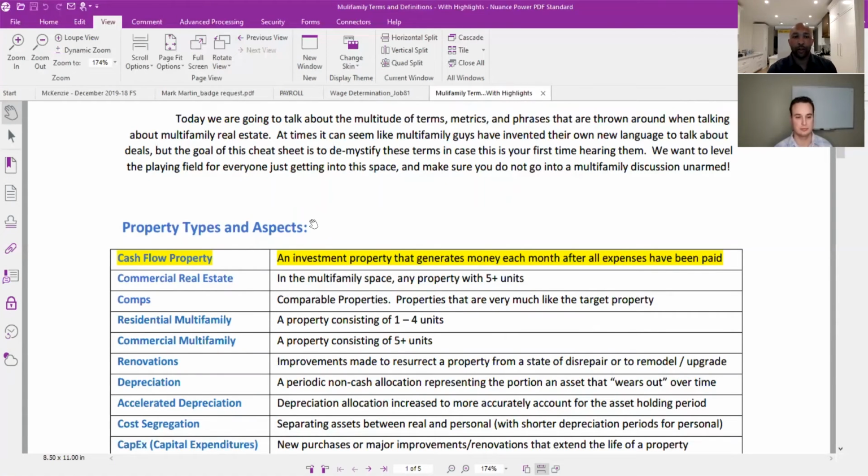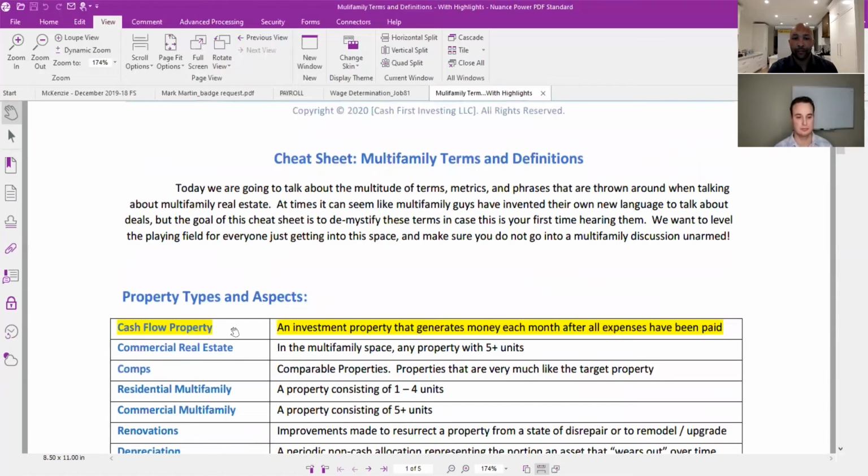So term number one that we're going to go through is cash flowing property. This is an investment that generates money each month after all expenses are paid. So let's look at an example. Say you have a 100-unit property and you're charging $1,000 a month in rent. You're getting $1,000 a month from each one of those tenants. And for that property, you have $500 a month in expenses for each unit.